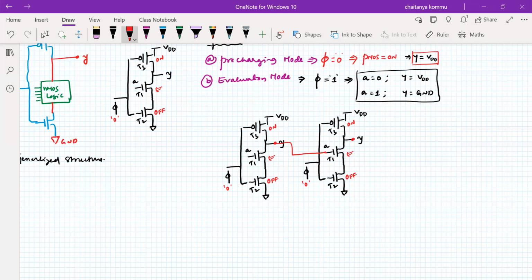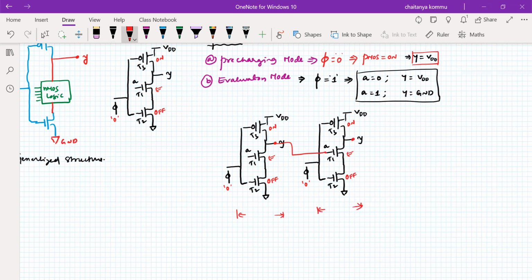But what is happening here? When you're doing the pre-charging of the first inverter, the output changes to VDD, right? That change is activating this transistor T1 in the second stage. Agreed?